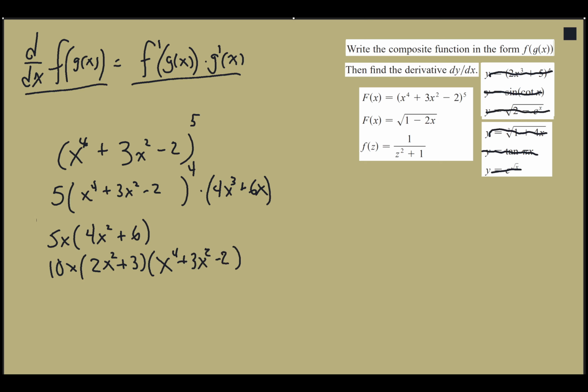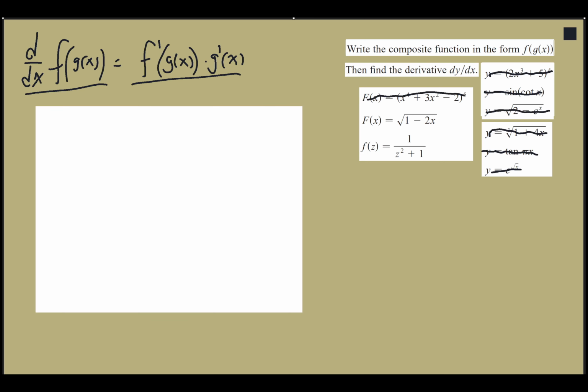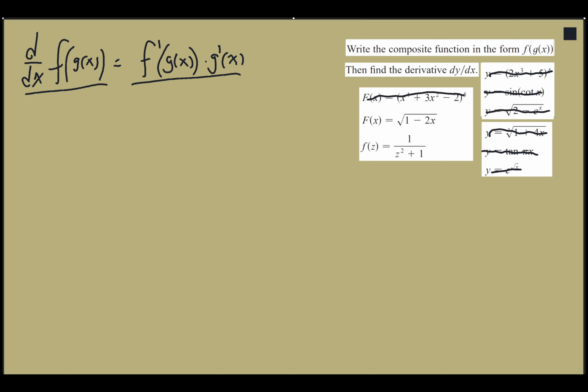And that would be the answer to this one. No big deal, really. Just take some practice using these outside functions and then your basic algebra, which you thought you passed with flying colors years ago. You're now realizing that's not the case.